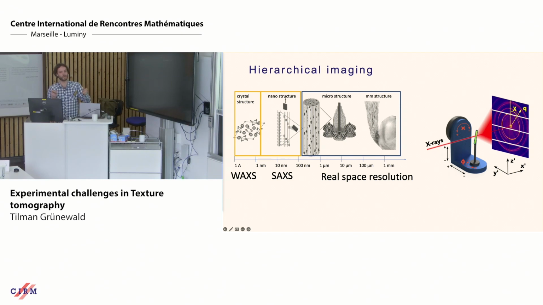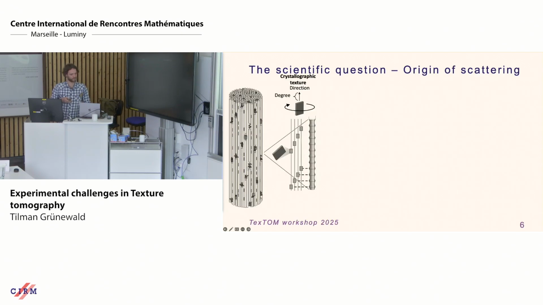That's our real space resolution. And then we are collecting diffraction patterns. And from these, we either extract crystal structure information from the WAXS regime or nanostructure information from the SAXS. And that's our reciprocal space resolution that comes into this.